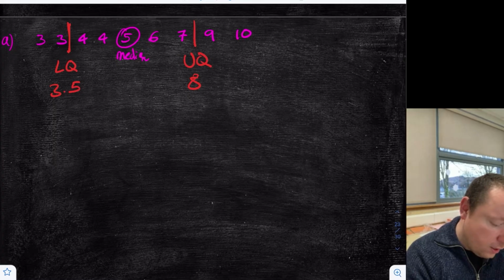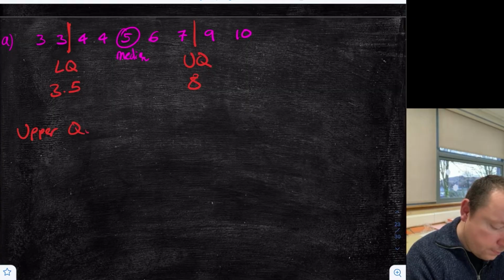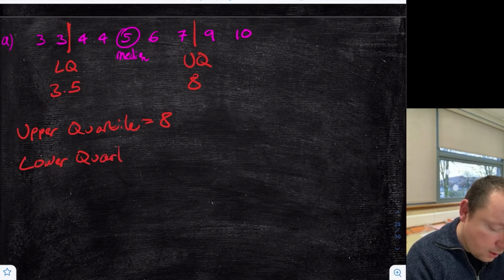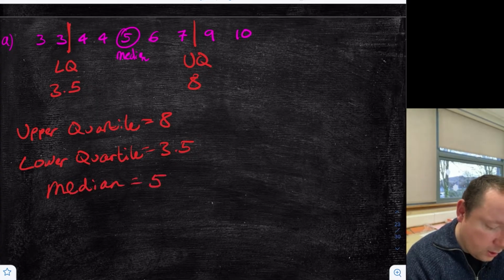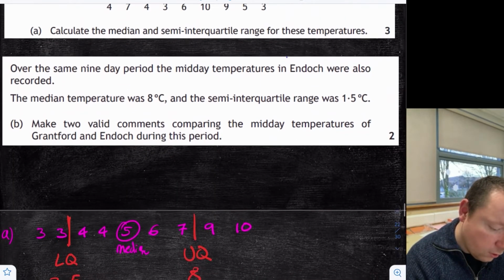So we can write that out nice and neatly. Upper quartile is equal to 8. Lower quartile is equal to 3.5. My median was equal to 5. And the question asked us for the semi-interquartile range.